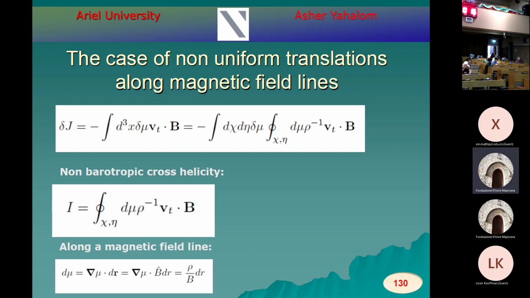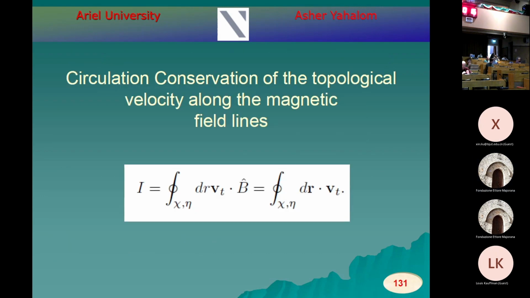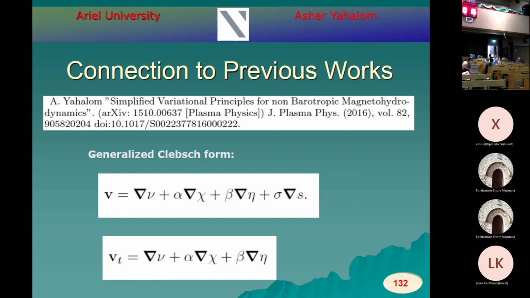And if you do some analysis of what d mu is, because it's just along a magnetic field line, you get this rho over B times dr. dr is the length of this space element. And you get it in a nicer form, which is just a kind of circulation over a magnetic field line of the topological velocity field. Okay? And what does it mean?